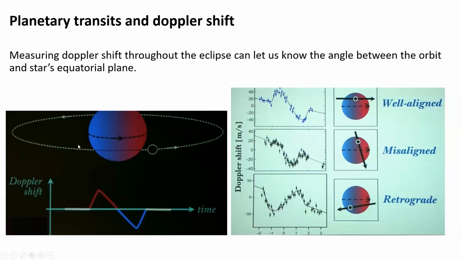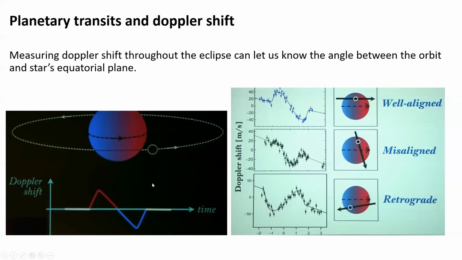So when the planet starts transiting this star, it will block most of the blue light from the star, and we will see the red shift. And when it passes along its red portion, then we will only observe blue shift throughout the entire eclipse, like this.